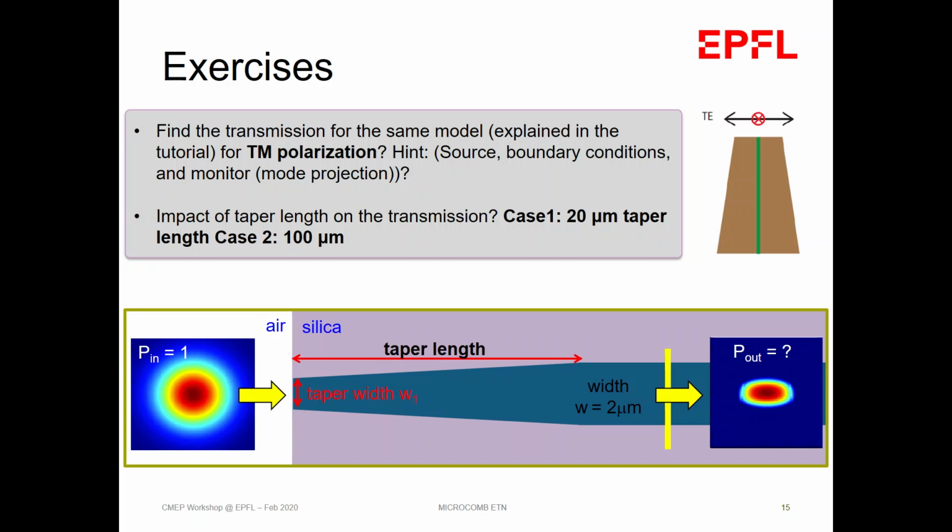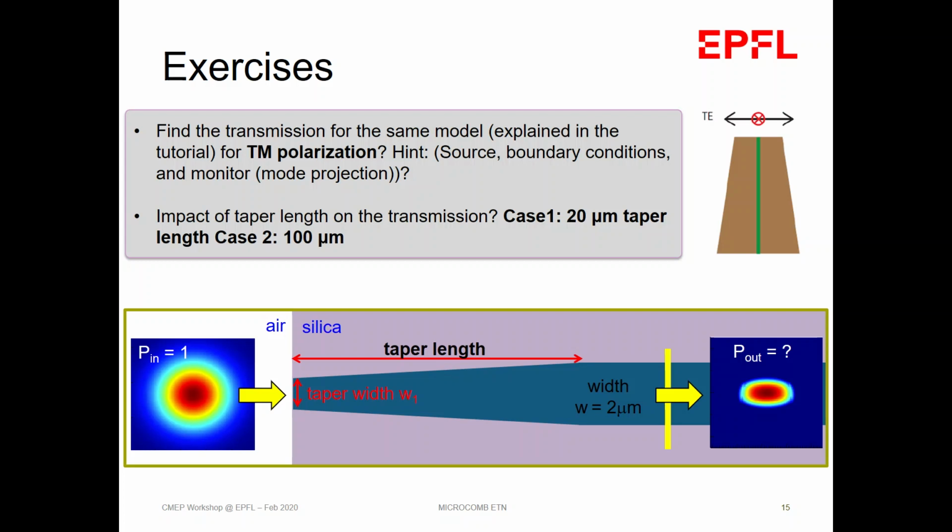So you have to change your boundary condition in your model. Similarly, because we already used the TE mode in our monitors, you have to change them back to the TM mode. So you have to change some stuff in the model that we already provided, and then you can simulate.